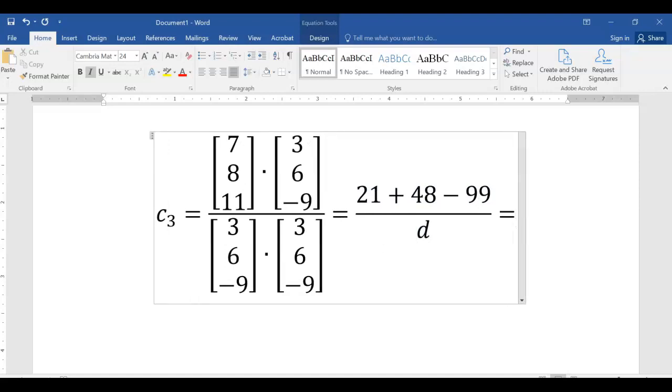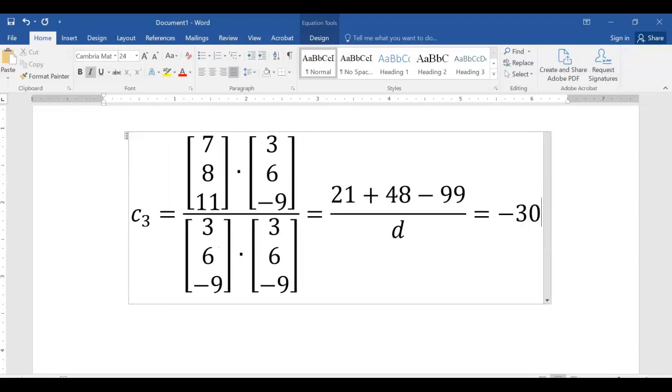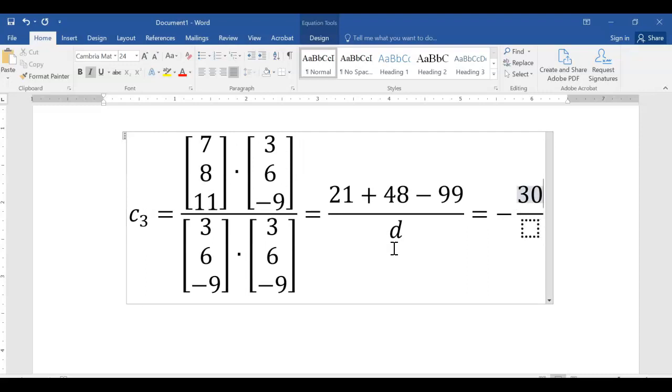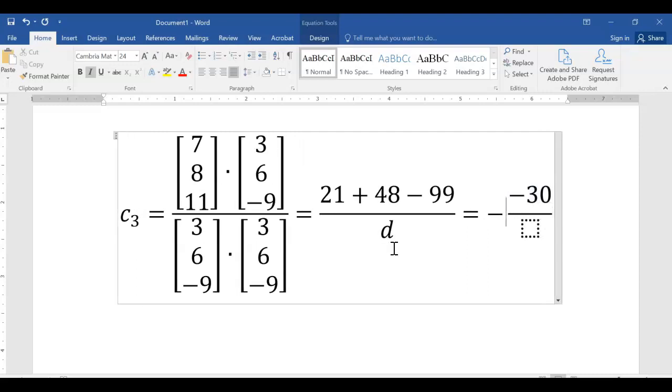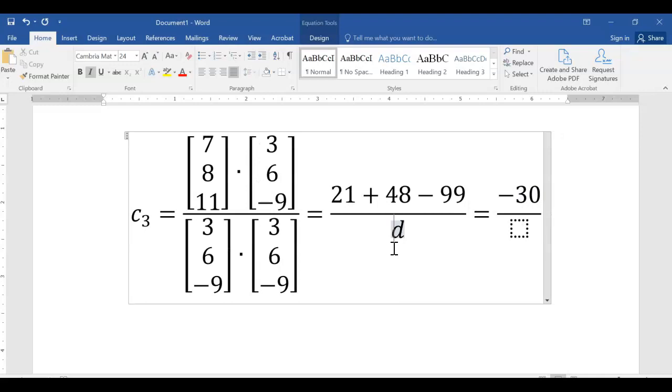By the way, let me just go ahead and calculate that. That is going to be negative 30. Let me put the negative up there so that looks a little bit nicer. Denominator is going to be 9 plus 36 plus 81, which is 126.